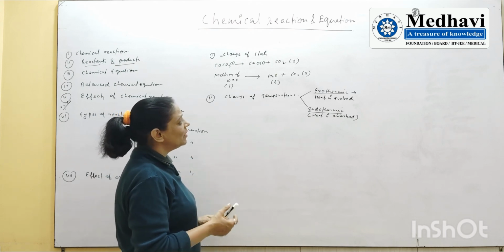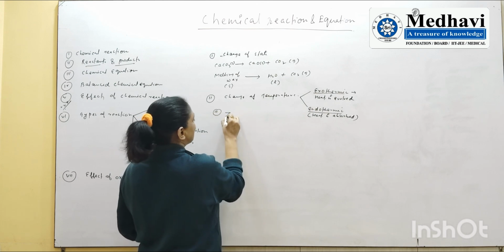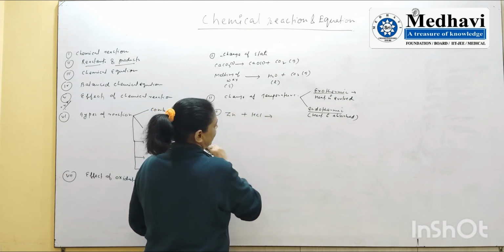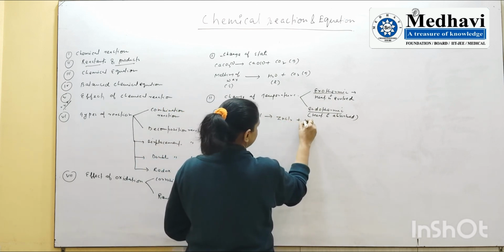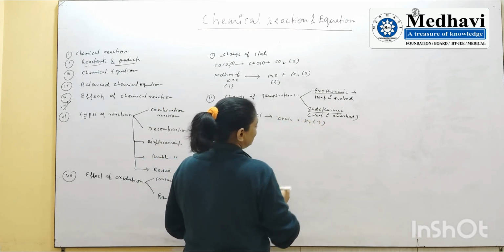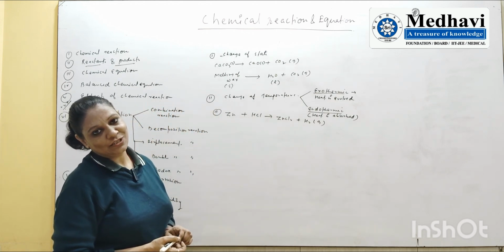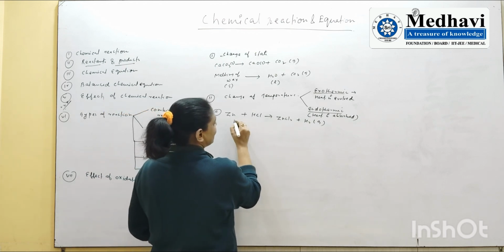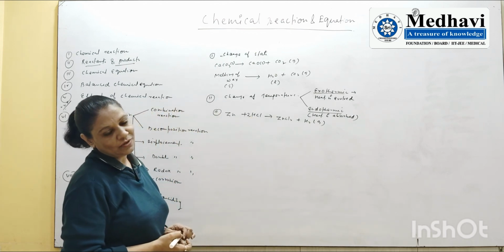There are a number of such chemical reactions. For example, when zinc granules react with acid, it produces bubbles of hydrogen gas, and the temperature of the substance also increases. You just balance it here. The temperature of the substance is also raised.